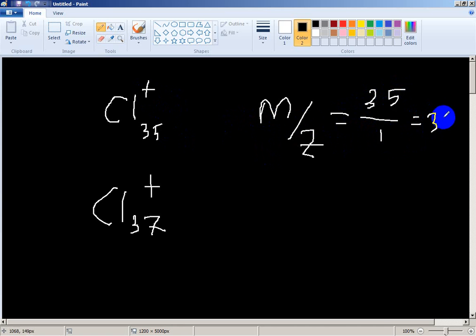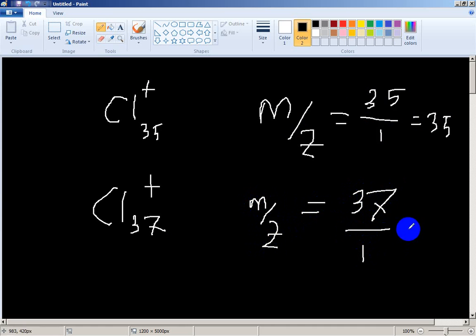The mass to charge ratio is 35. For the other, 37 divided by 1 is 37. Which one will deflect more, chlorine 35 or chlorine 37?